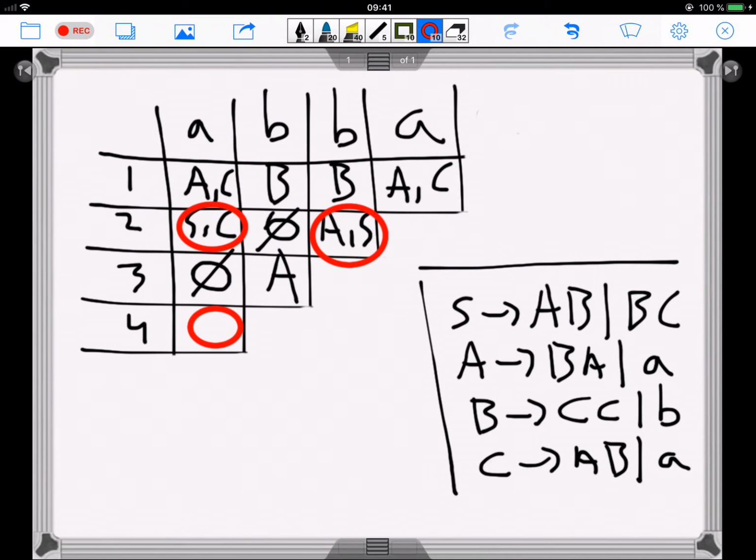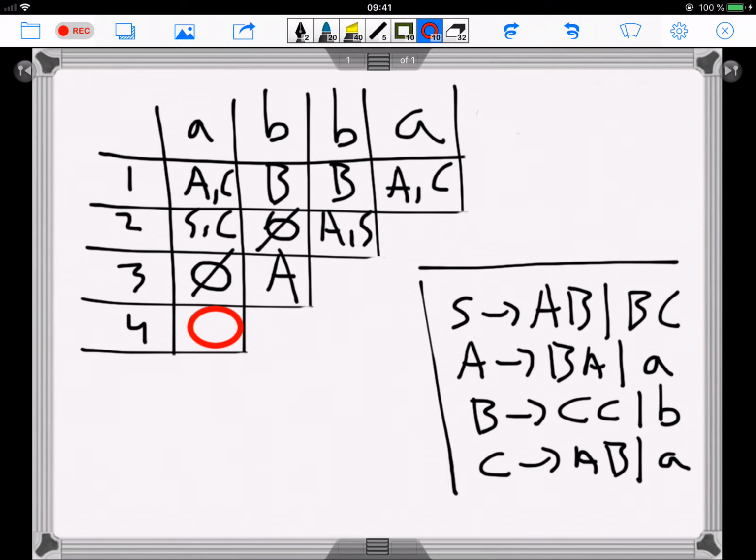Now the possibilities are SA, SS, CA, CS, and you can see that none of them is a production in the grammar. So again, we go empty-handed.